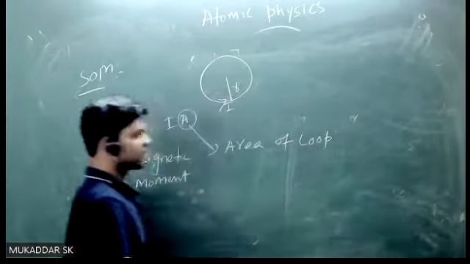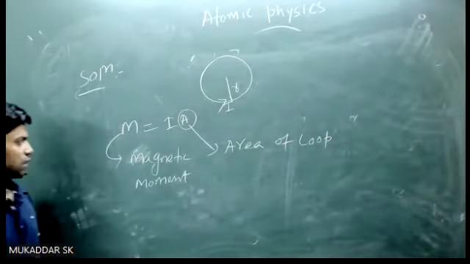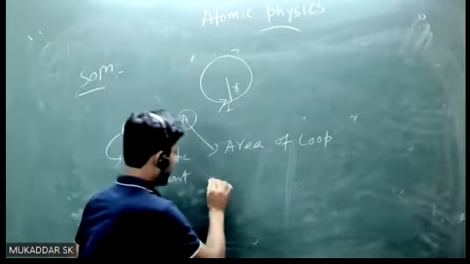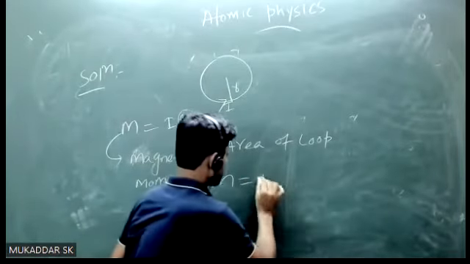Since the loop is circular, the magnetic moment will be simply I into area.